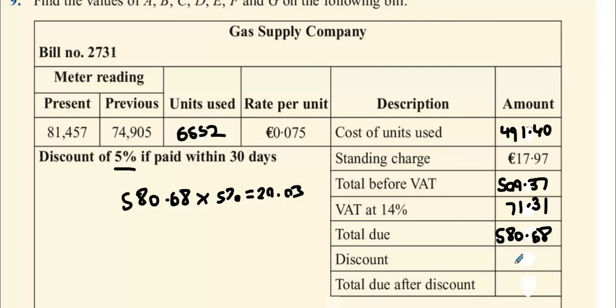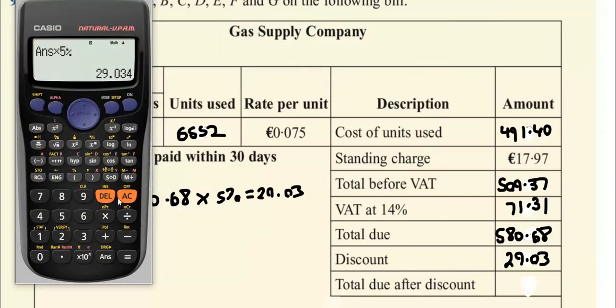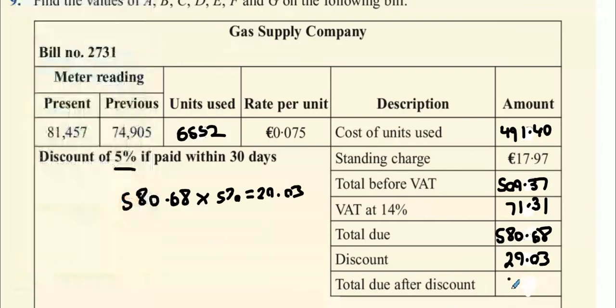Take that away. So final answer is 580.68, take away the discount of €29 and 3 cents. And what we get there is €551.65. And we're done.